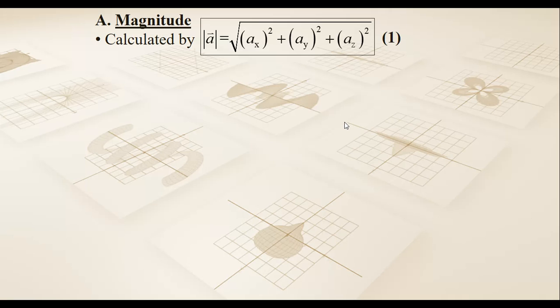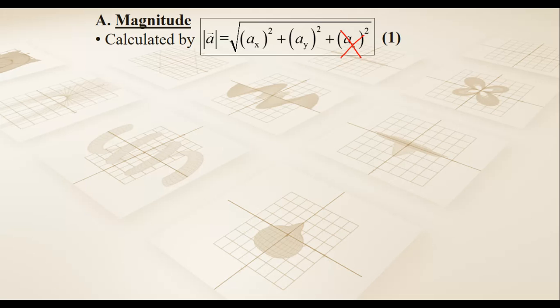If we only had a two-dimensional vector, so pretend for a second you don't have A_z, the magnitude would just be: you take the components, square them, find the sum of the squares, and then take the square root to figure out what the hypotenuse of the triangle is. And the hypotenuse of the triangle will just represent the length of the vector.